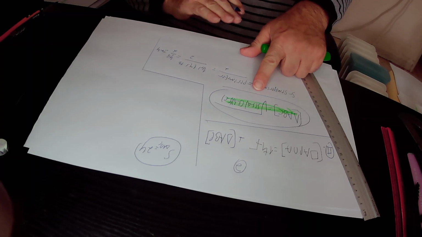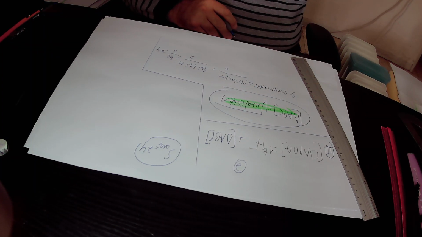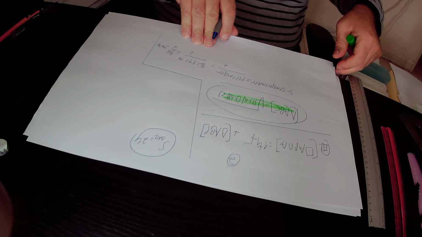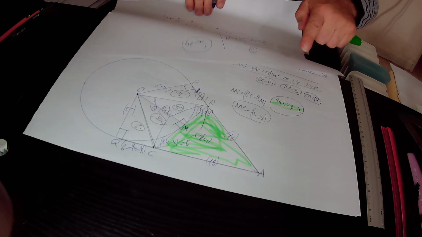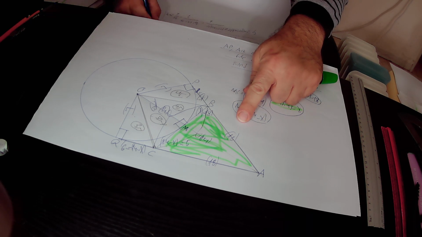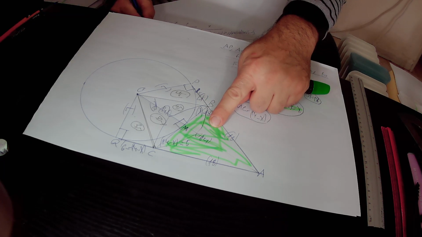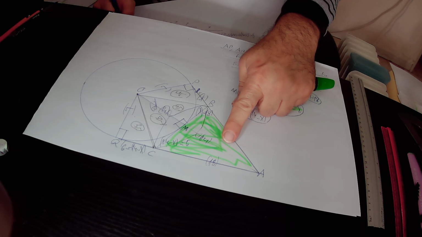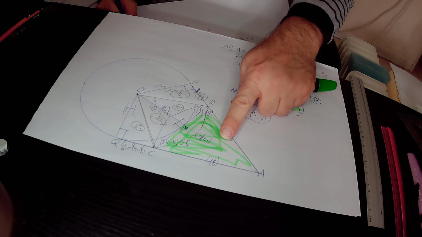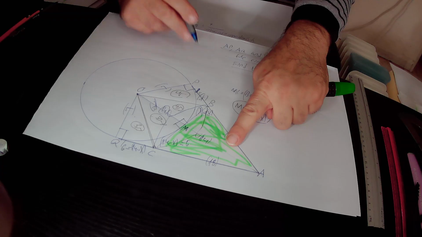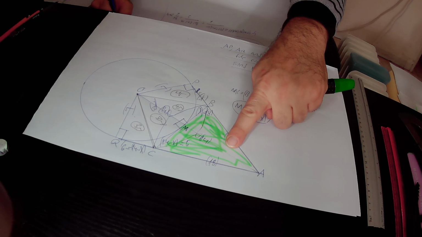In this formula, A, B, and C are the side lengths of the triangle whose area we are looking for. In our triangle ABC, we choose A as 16, we choose B as 14, and C is 18.